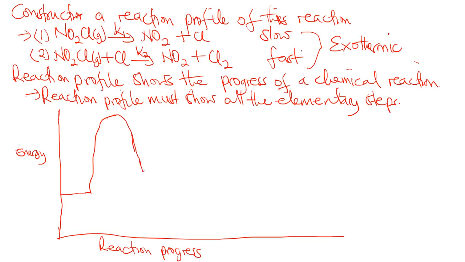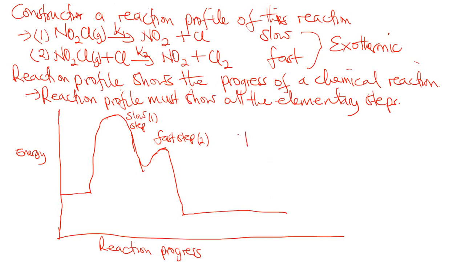The second step is a fast reaction, so it will have a smaller bump. That is step 2. So this one is the slow step with a huge bump, this one is a fast step. In this case, this step is reaction 1, this step is reaction 2.